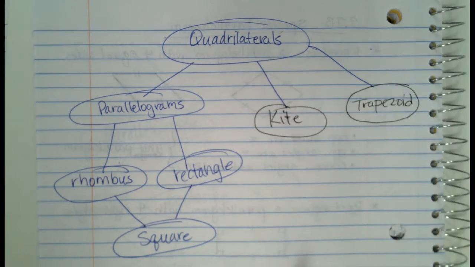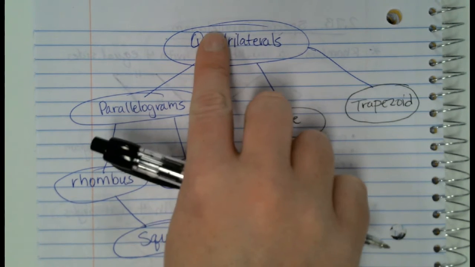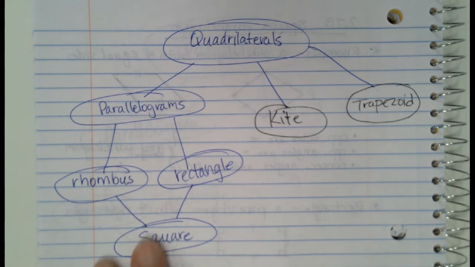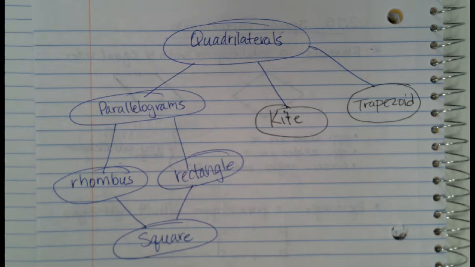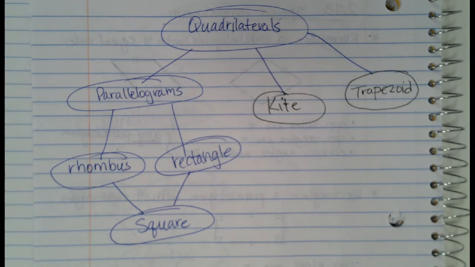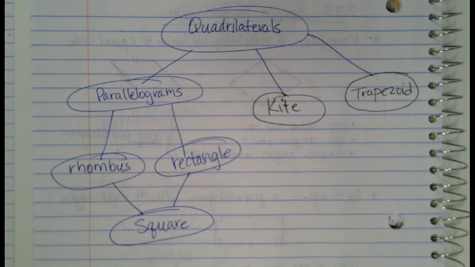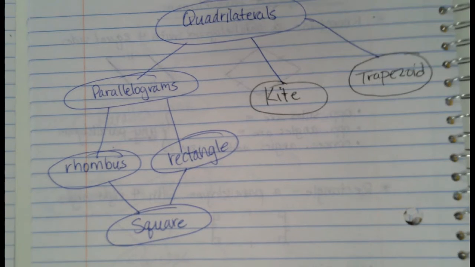These two things still fit in the quadrilateral family, they're just not parallelograms, which is why they're not over here. So we're going to talk about the kite and the trapezoid. All right, let's do it.